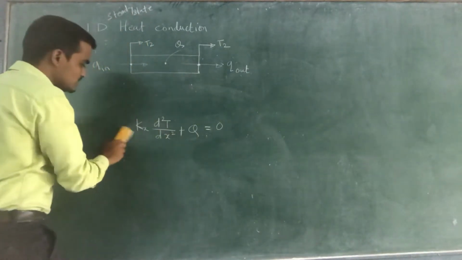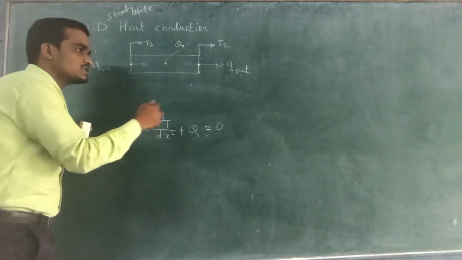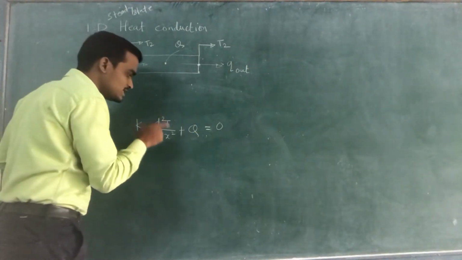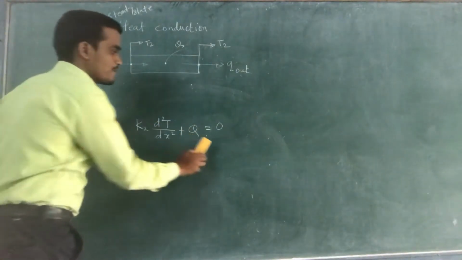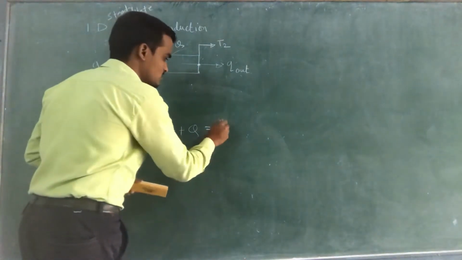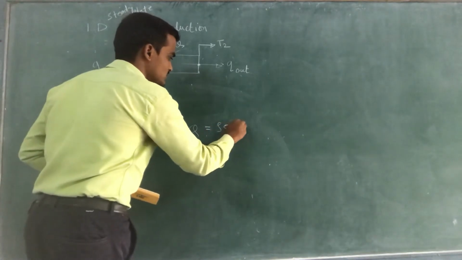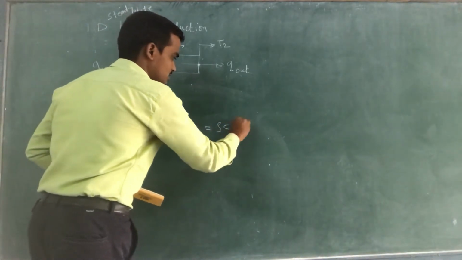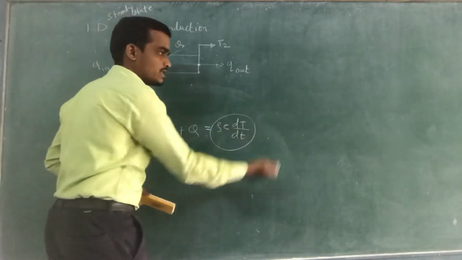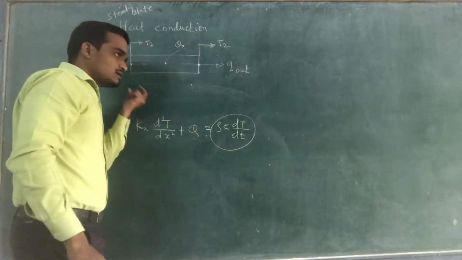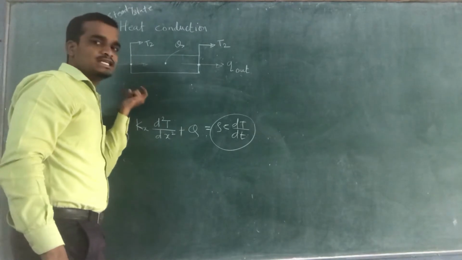Actually, this is the one-dimensional steady state heat generation equation. For steady state condition, you will get this equation, but for unsteady state, you will get some constant, or you can say rho c dT by dt, on the RHS if the case is unsteady heat conduction.